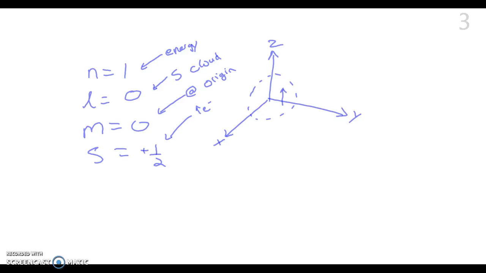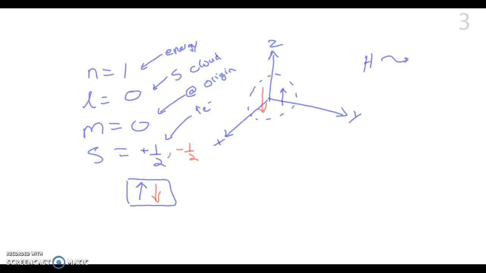Now, another way of drawing it is an electron box diagram. I'll put 1 electron facing up. Now, comma -1/2, that means I have a spin going the other way as well. The blue example is the example for hydrogen.